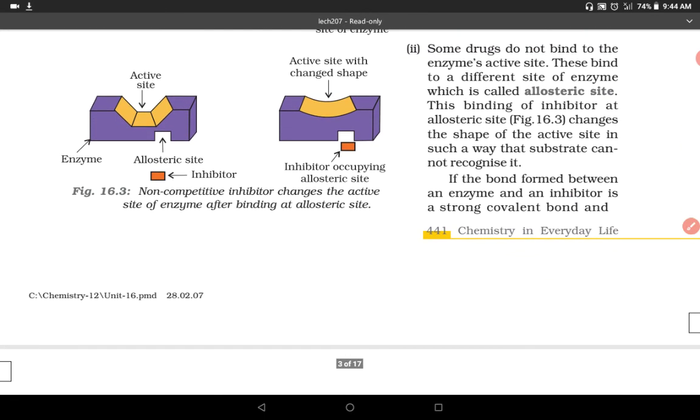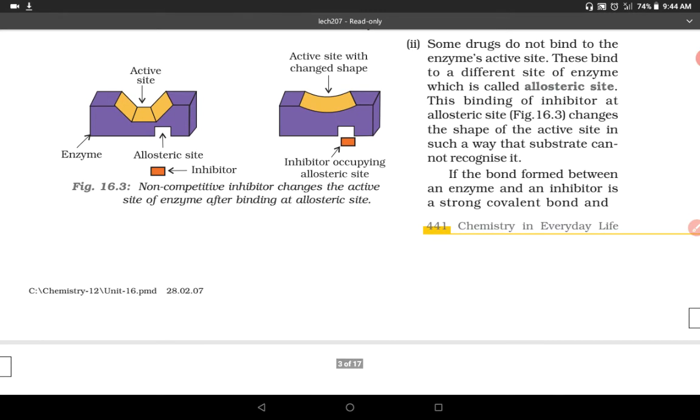Next, another classification. Some drugs do not bind to the enzyme active site. These bind to a different site of an enzyme, which is called the allosteric site. The binding of an inhibitor at the allosteric site changes the shape of the active site in such a way that the substrate cannot recognize it.